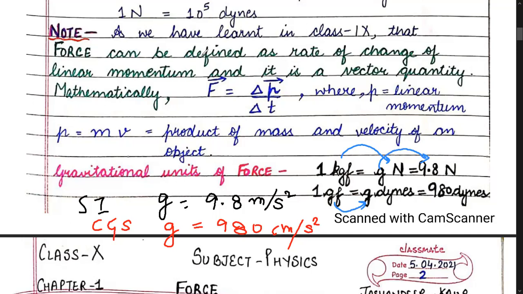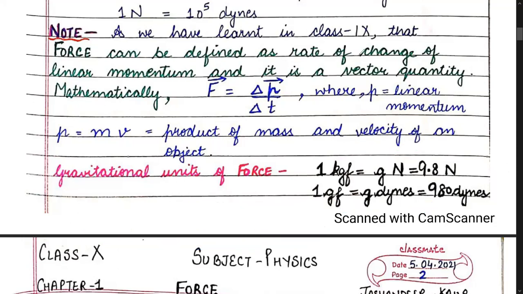Dynes is the CGS unit, so taking the system in CGS, the value of g will be 980 dynes.